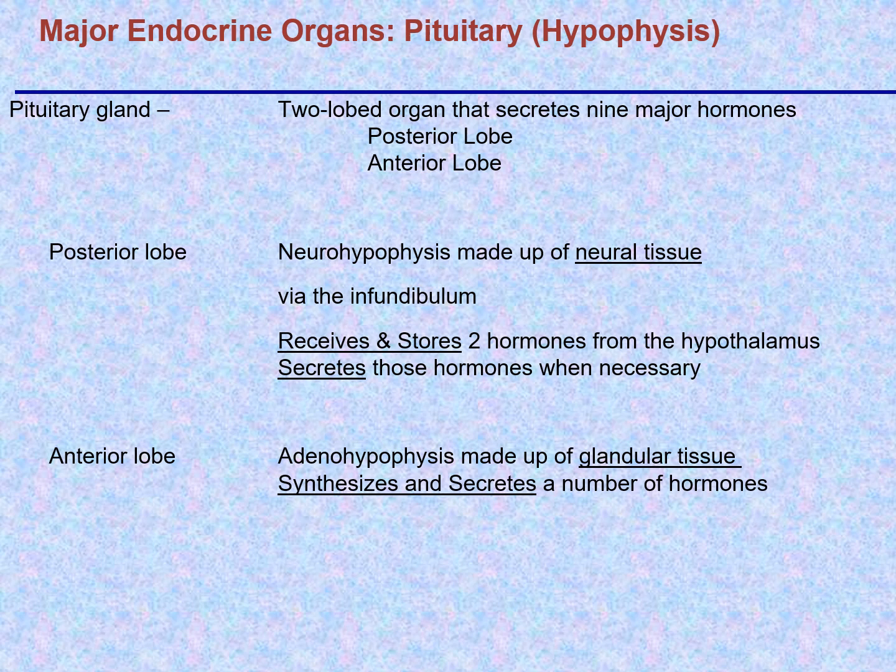It's a gland which has two lobes, a posterior lobe and an anterior lobe, and it is in fact made up of neural tissue which extends down from the hypothalamus through a connecting stalk of tissue called the infundibulum.